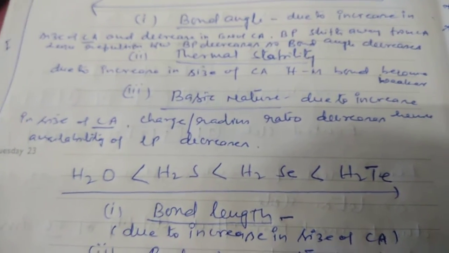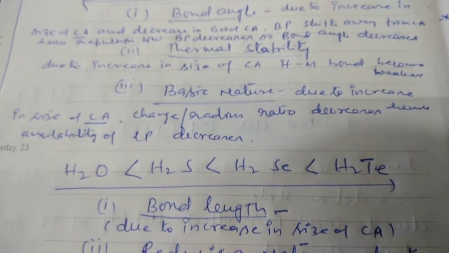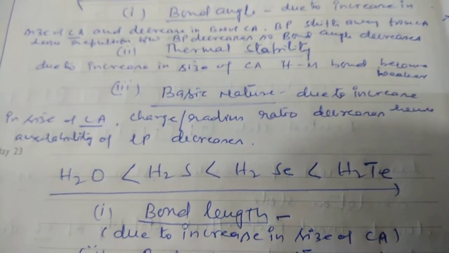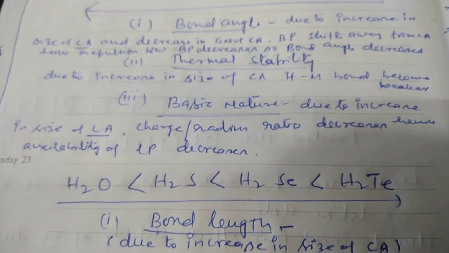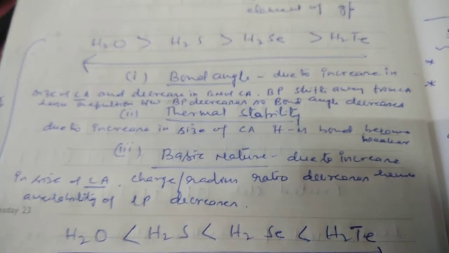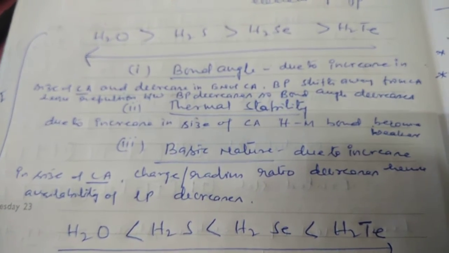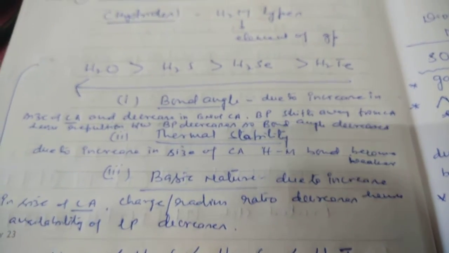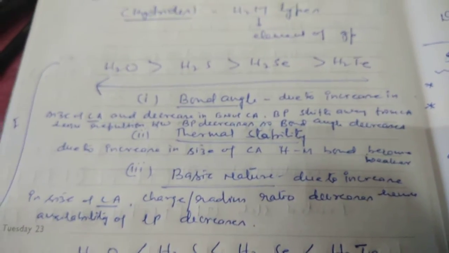That indicates less availability of the electron pair on the central atom, and that is why basic nature also decreases. So H2O is maximum basic, while H2Te is minimum basic according to the concept of Lewis.